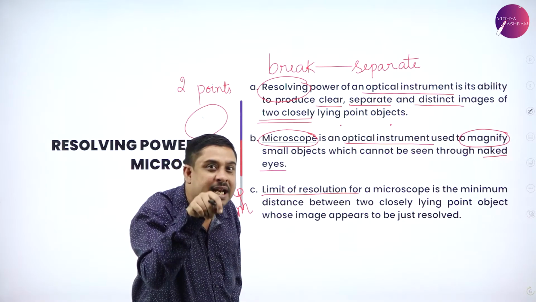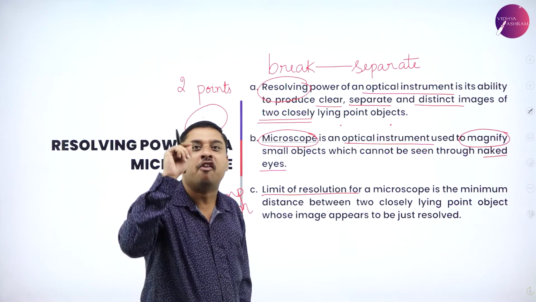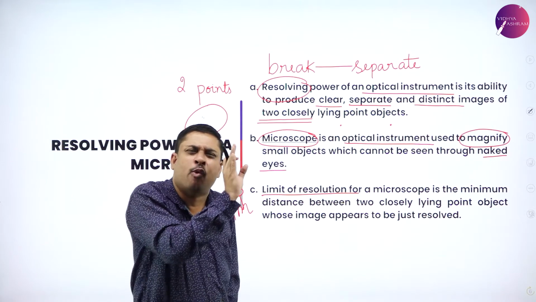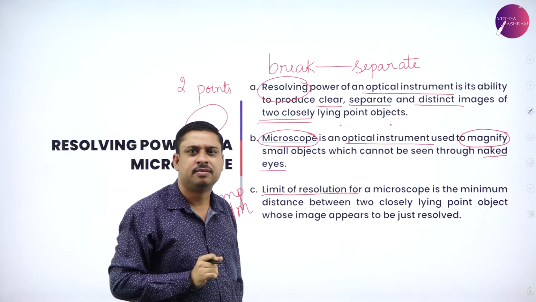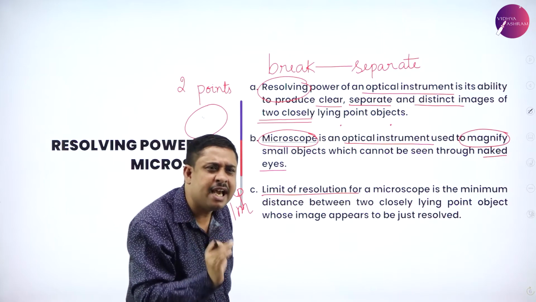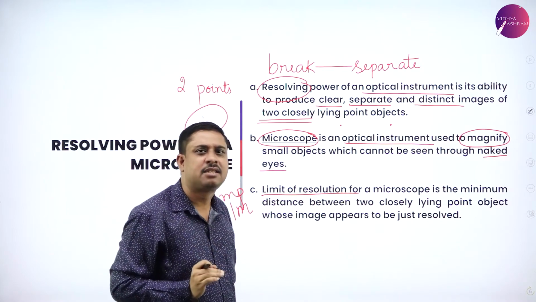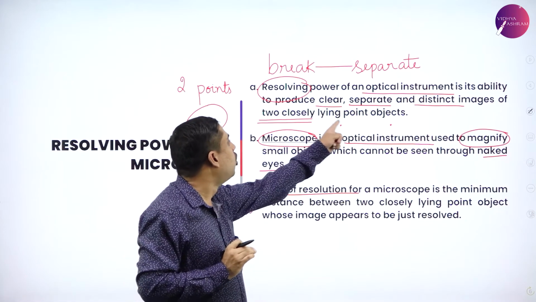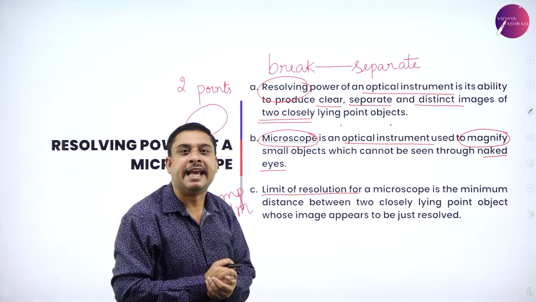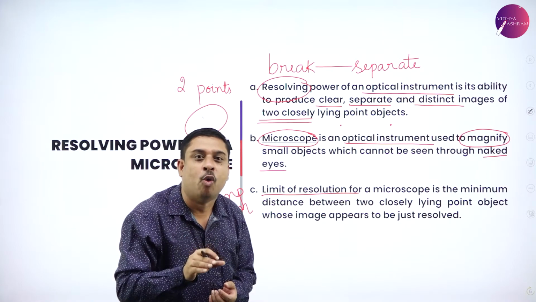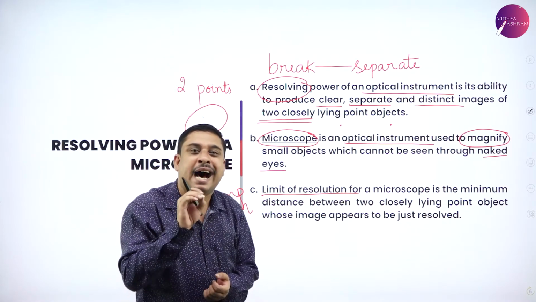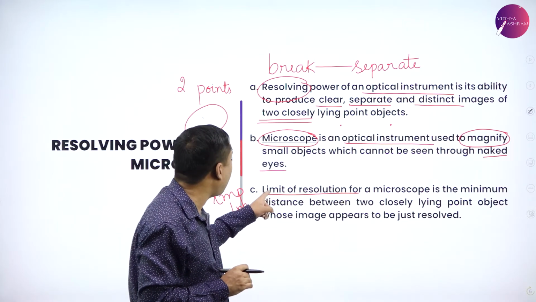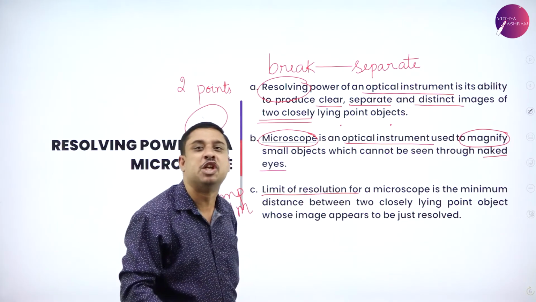The ability of an optical instrument to produce clear, distinct, separate images of closely lying point objects. Now we place a limit on this resolving power and call it limit of resolution.